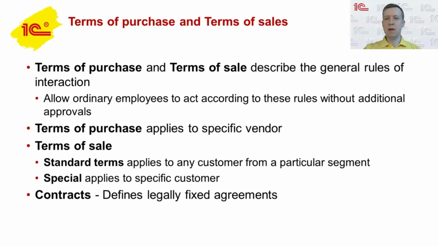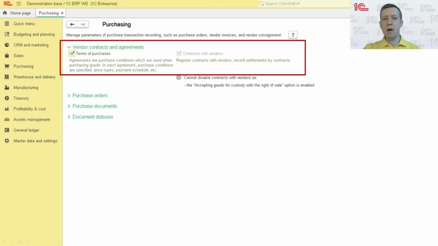A contract meets the terms and may specify them. Using terms and contracts can be enabled in the purchase settings panel in menu, master data and settings. You can see it on the screen.